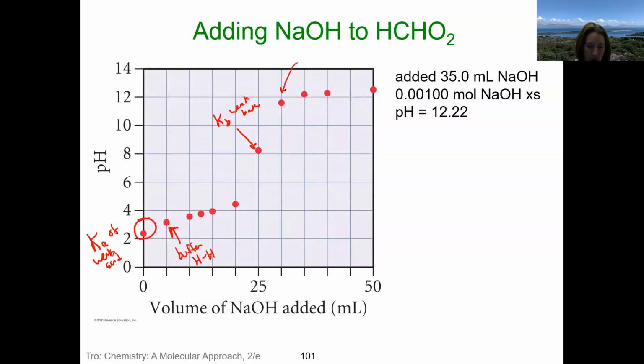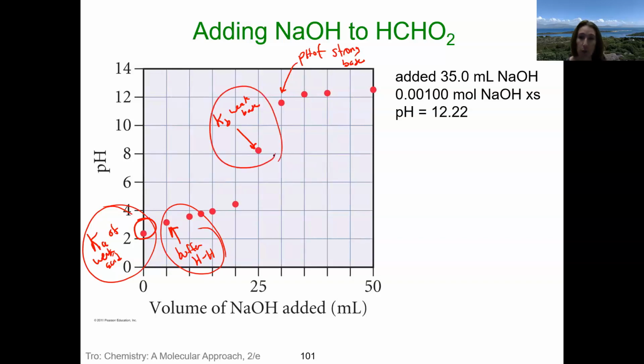It's probably this one right here. We did it using pH of a strong base. So in this one problem, 3 different ways of finding the pH. pH of a weak acid, pH using a buffer, Henderson-Hasselbalch, pH using a weak base with Kb, pH of a strong base, right? So it's 4 different problems, all in one little piece. Okay, so any questions on this?